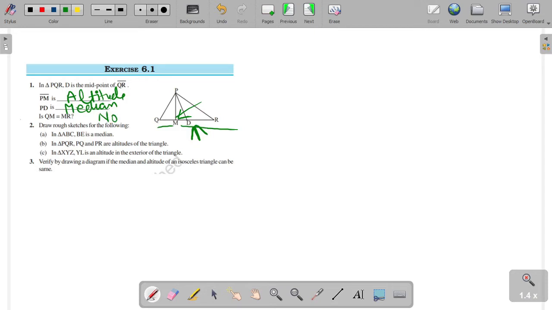Now we move to question number 2. Draw a rough sketch. We have to draw a triangle. For example, let me draw a triangle. Now in this triangle, let it be A, this is B and this is C. Then we have to draw a median BE.